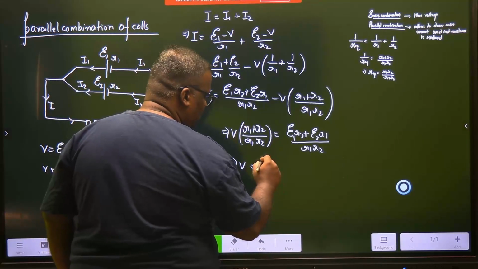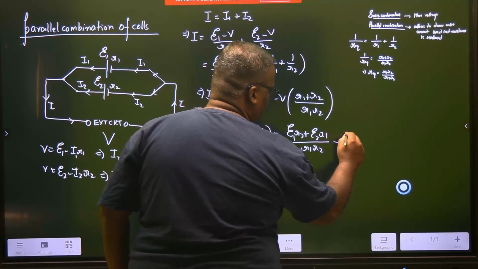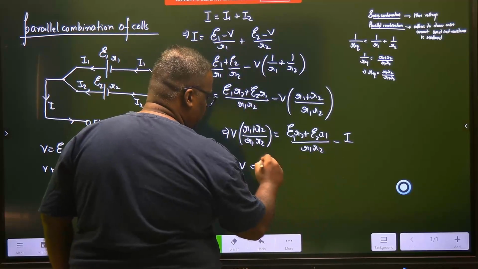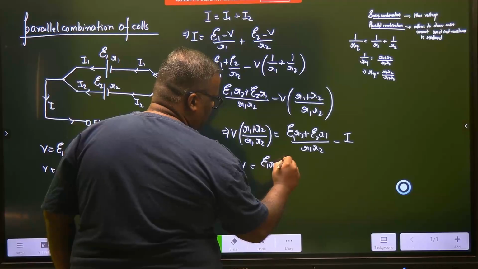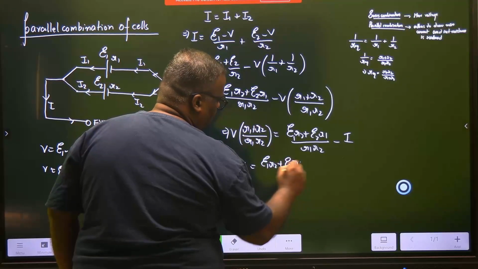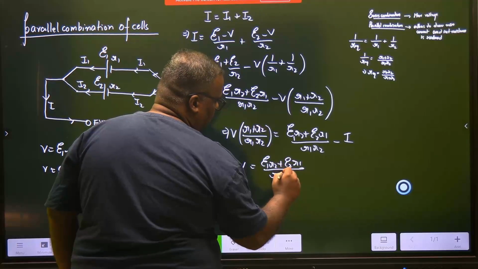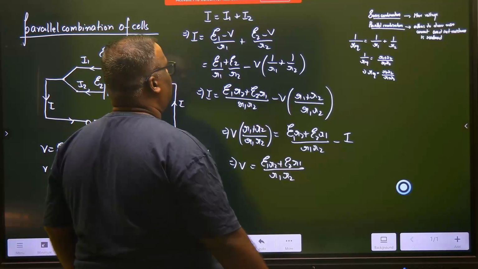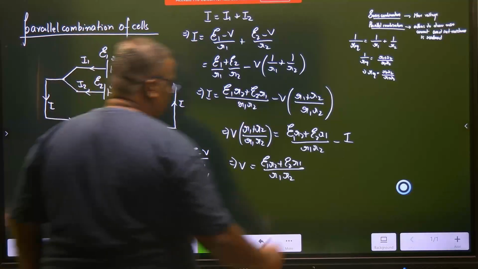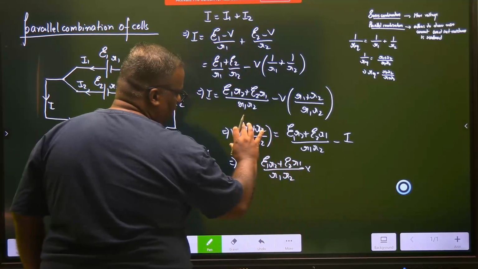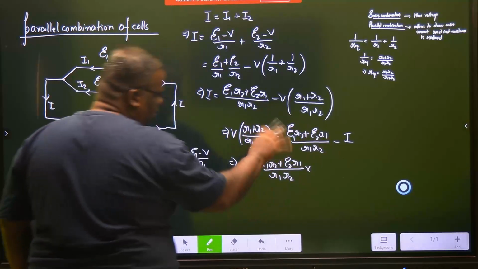So V will be equal to, the I comes here, it becomes E1 R2 plus E2 R1 divided by R1 R2, right? Multiplied by, now this thing will be divided by this, so it will somersault.